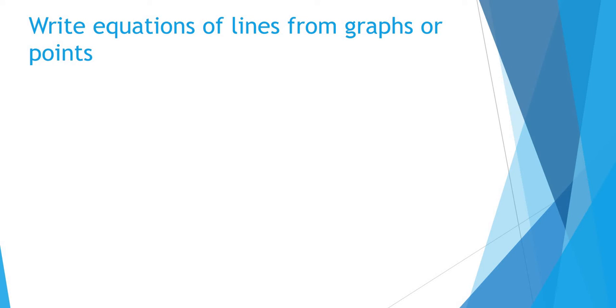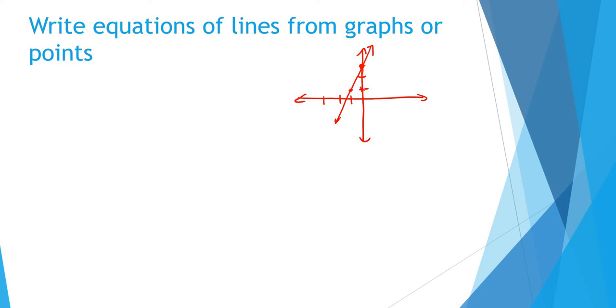So if I want you to write an equation from a line, from a graph, or from given points, I give you a graph, and I tell you that we're going to cross here at 3, and then I'm going to have maybe another point here. So since I have graph paper, I can count the slope right on the graph.